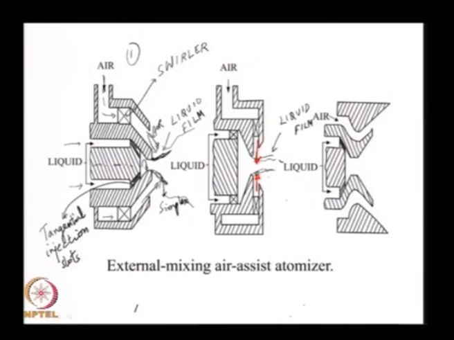That gives you a different kind of spray. Now, as you can probably imagine, this is going to give you a much more narrow spray than in the previous instance, where I had swirling air that is coming in at some angle like that.